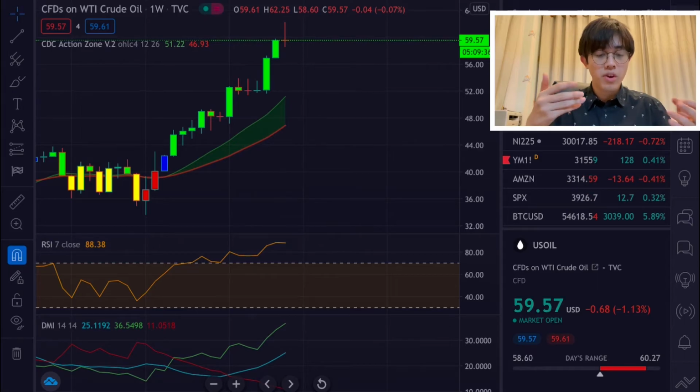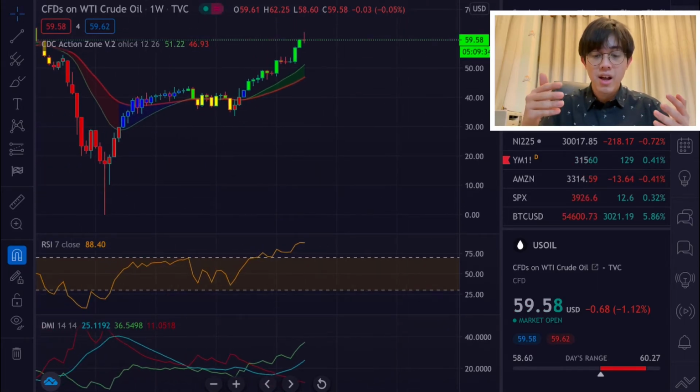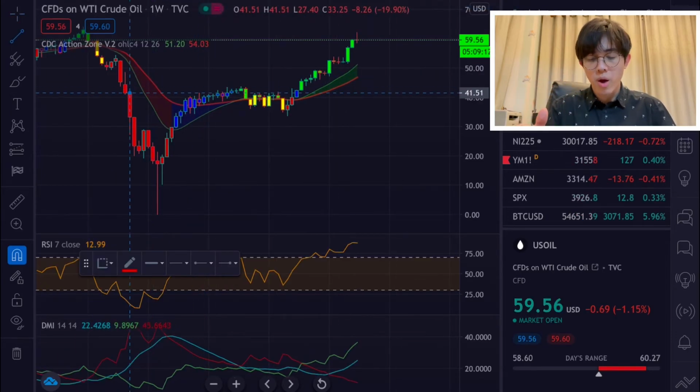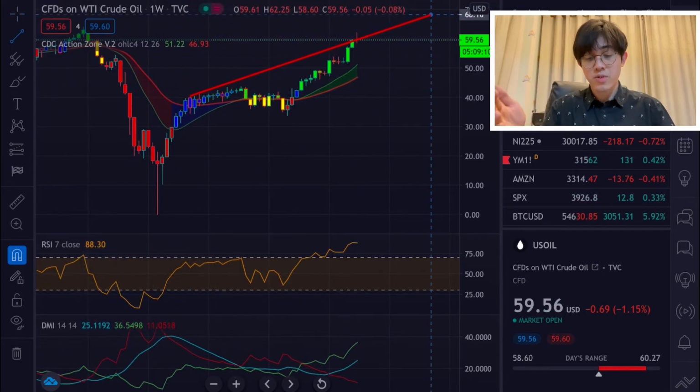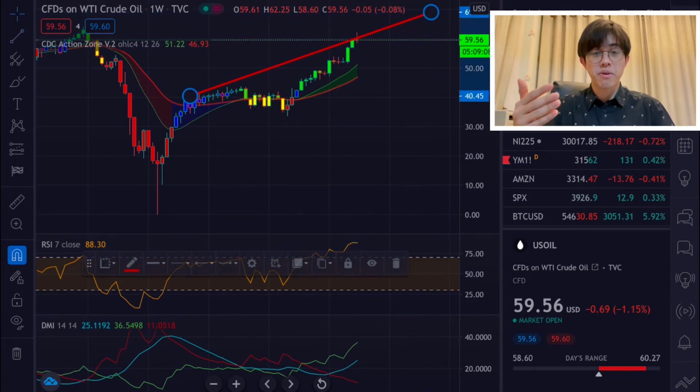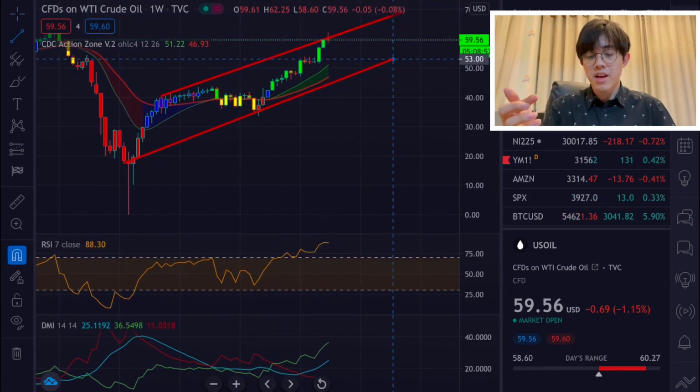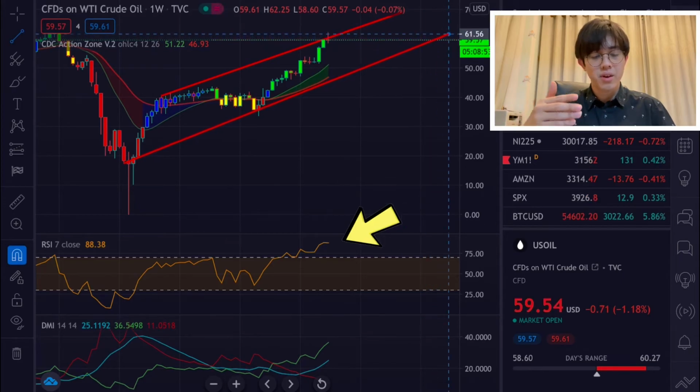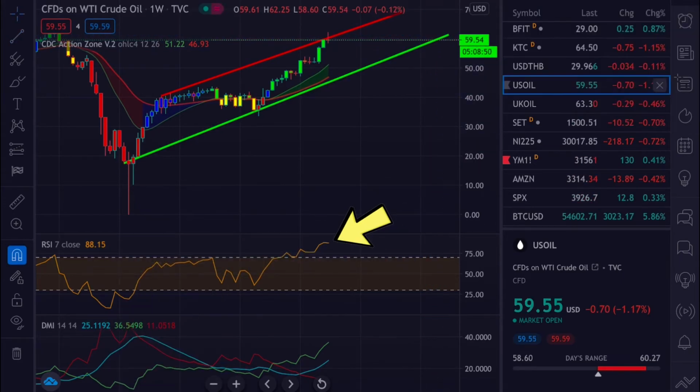So what does it mean? It means that oil is now reaching the top of the mountain, the $60 peak where selling volumes can be clearly found. So there's no doubt that in the next week we will have a cheaper oil price here. The RSI is also confirming it.